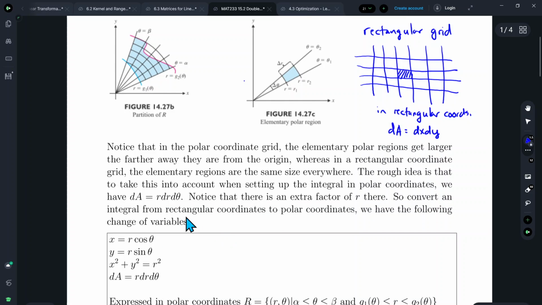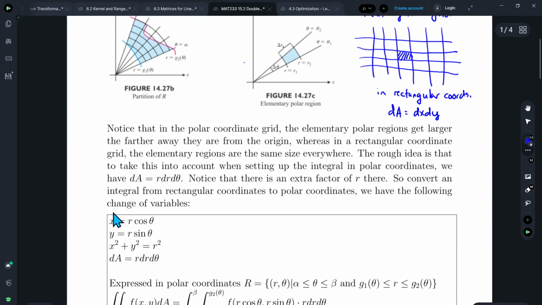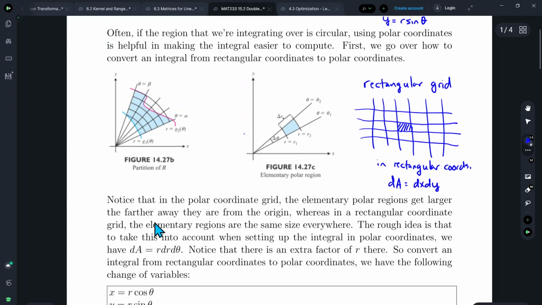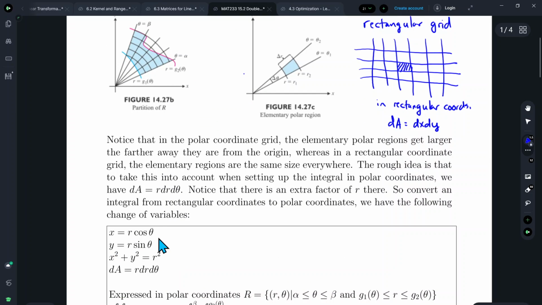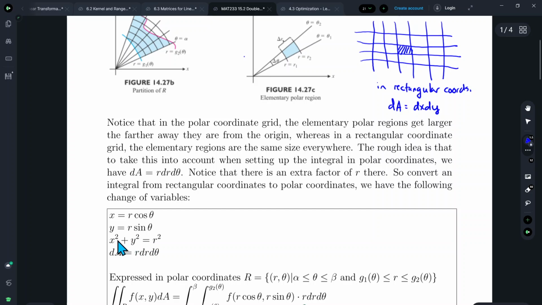Okay, so in total, to set up an integral in polar coordinates, we have these conversions, right? So the change of variables here, where x equals r cosine theta, y equals r sine theta. So that's the same from when you learned it in pre-calculus or Calc 1. And then there's this extra equation, x squared plus y squared equals r squared.